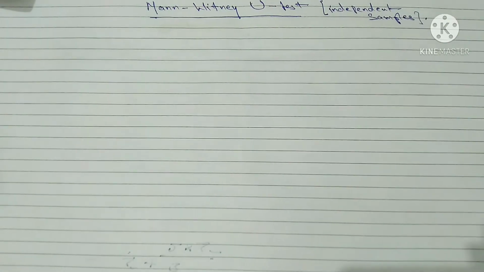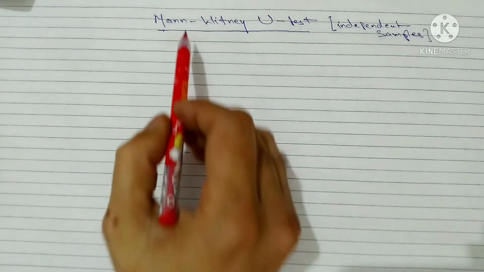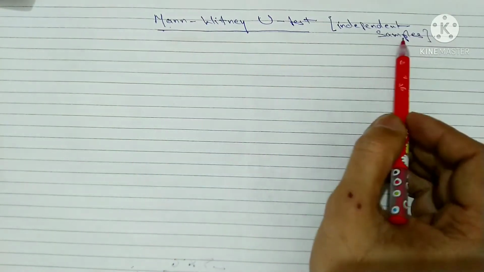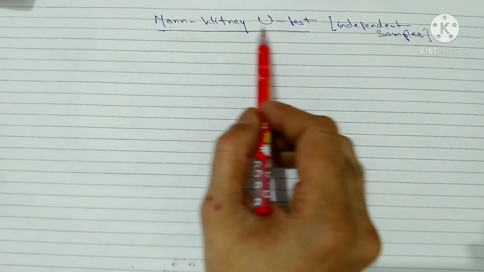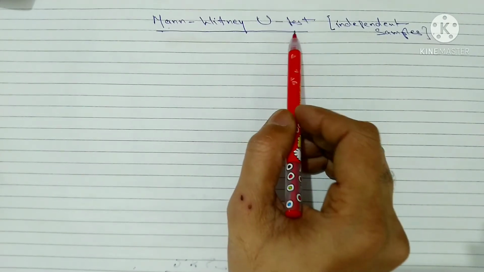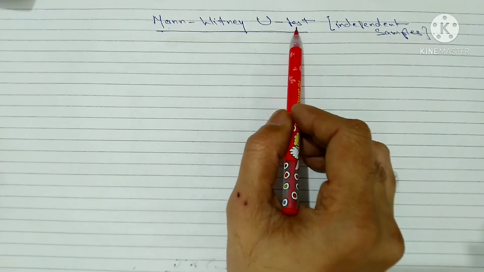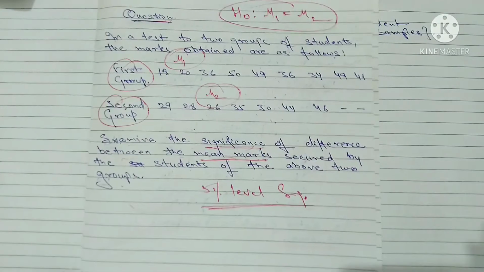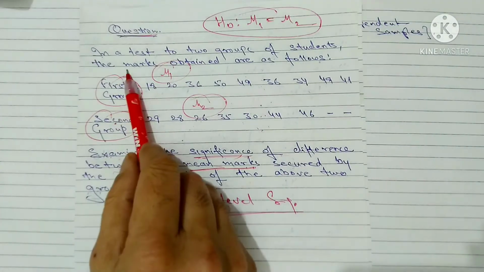Now in the second case, we will apply the Mann-Whitney U test, which is the non-parametric test for the independent sample t-test.